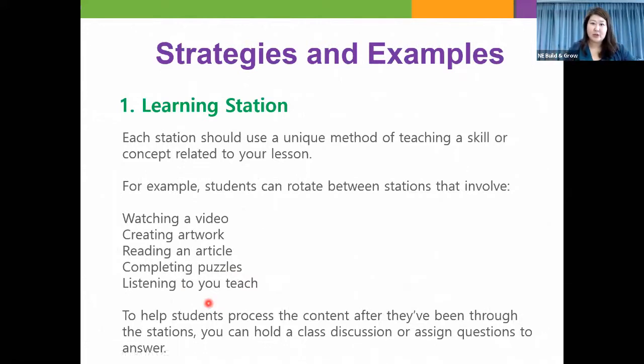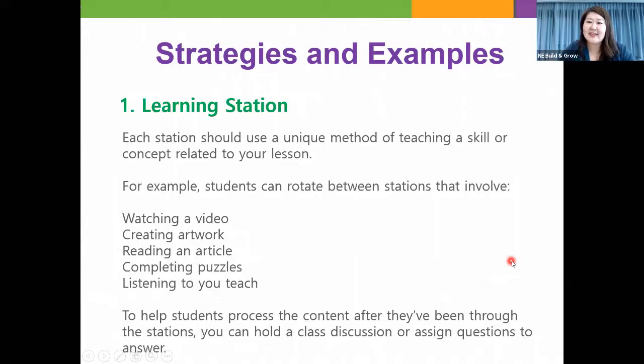As I mentioned, ideally check where they are, either as a whole class or individually, and then make them rotate through the learning centers. At the end, you check their progress. That's the way you can incorporate these learning stations in your classroom.